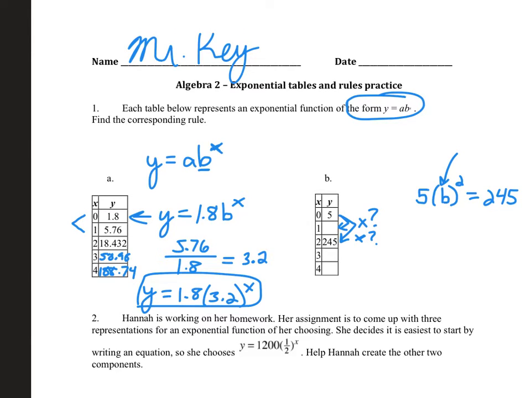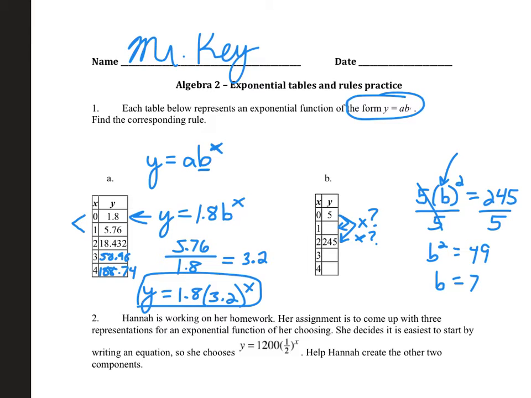Well, if we take 5 times b squared, we'd have to do b squared first and then multiply by 5, which means that this 245 is 5 times bigger than b squared. That's a long way of saying just divide both sides by 5. So we just get b squared equals 245 divided by 5, which is 49. And what squared is 49? Look at that, it's 7.